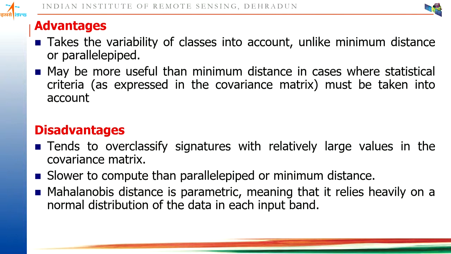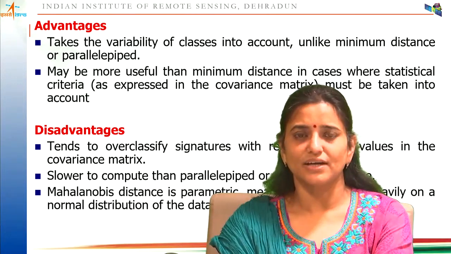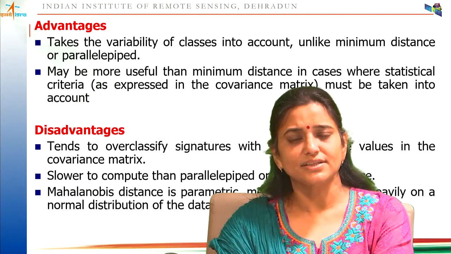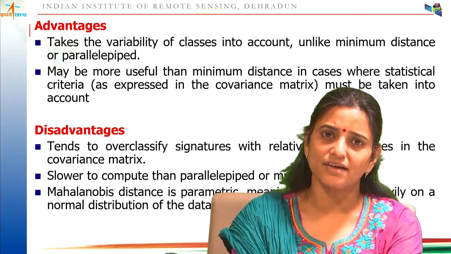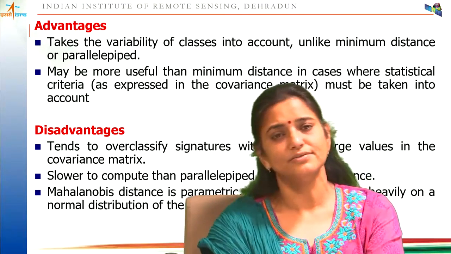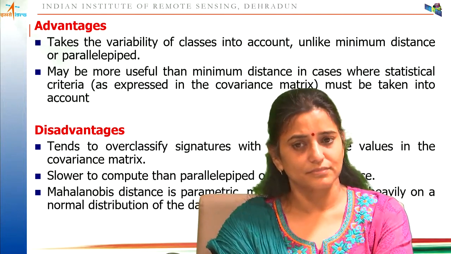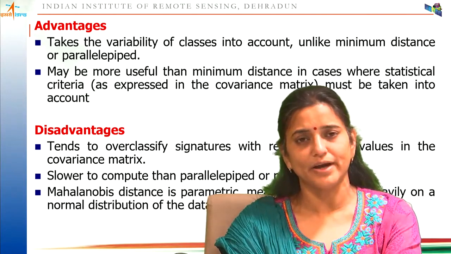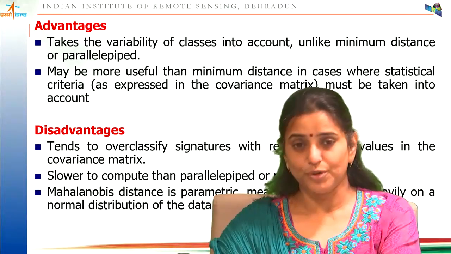So that is one problem area that we have in Mahalanobis distance. So it is overclassifying the signatures for which covariance matrix values are higher. Then it is parametric in nature. That means if the signatures are having a normal distribution curve, then it will work fine. If the signatures are non-parametric, then there would be problem in calculation.